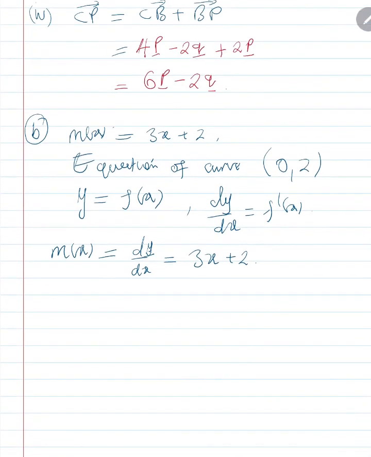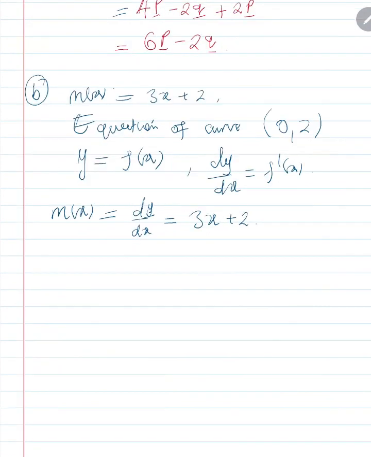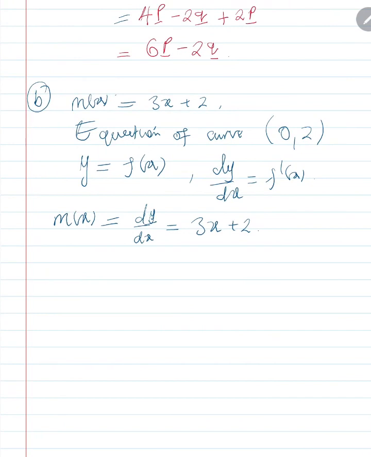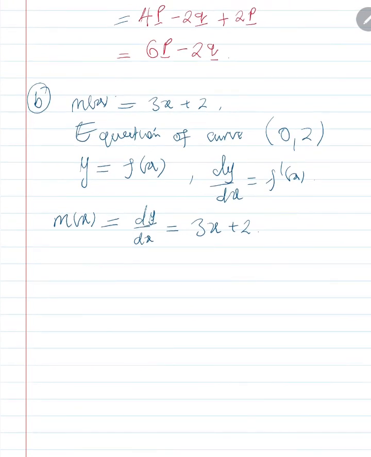Now we want the original equation. Remember, integration and differentiation are the reverse of each other. So to find the equation for y, we are going to take the integral of the gradient function.